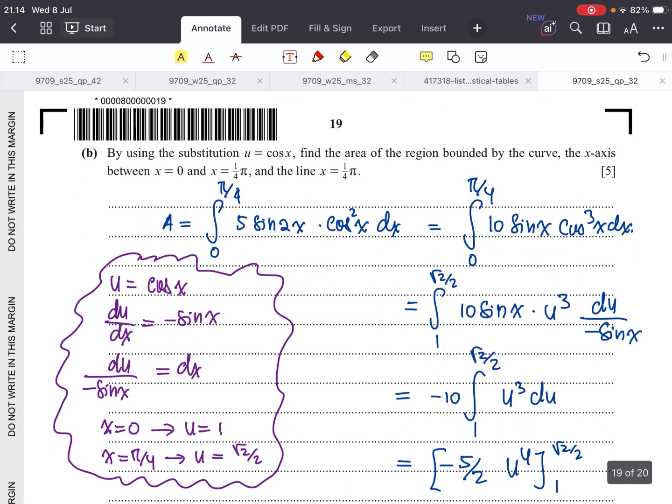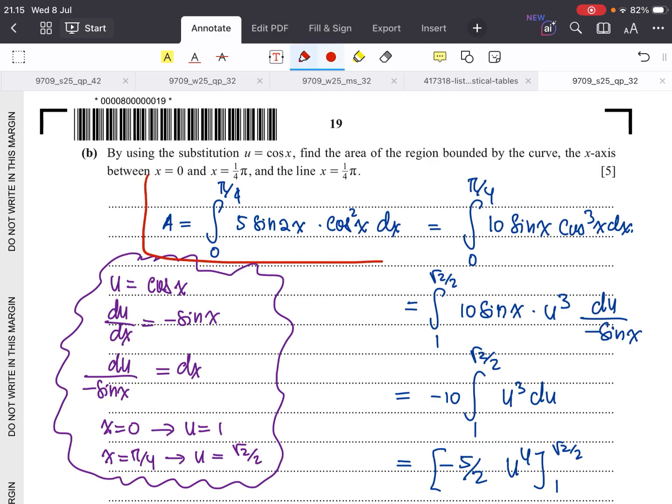B. By using substitution, u equals cos x, find the area of the region bounded by the curve, the x-axis between x equals 0 and x equals 1/4 pi, and the line x equals 1/4 pi. So for area, we are using integration.